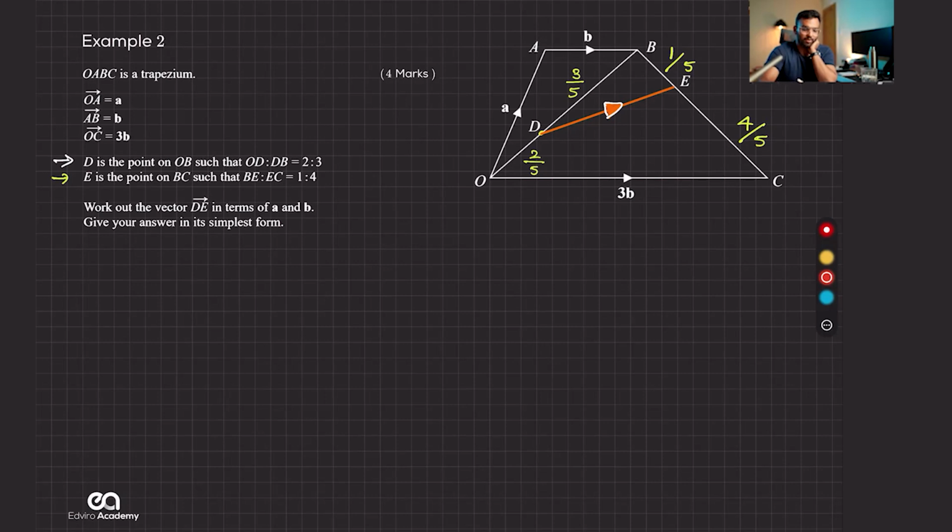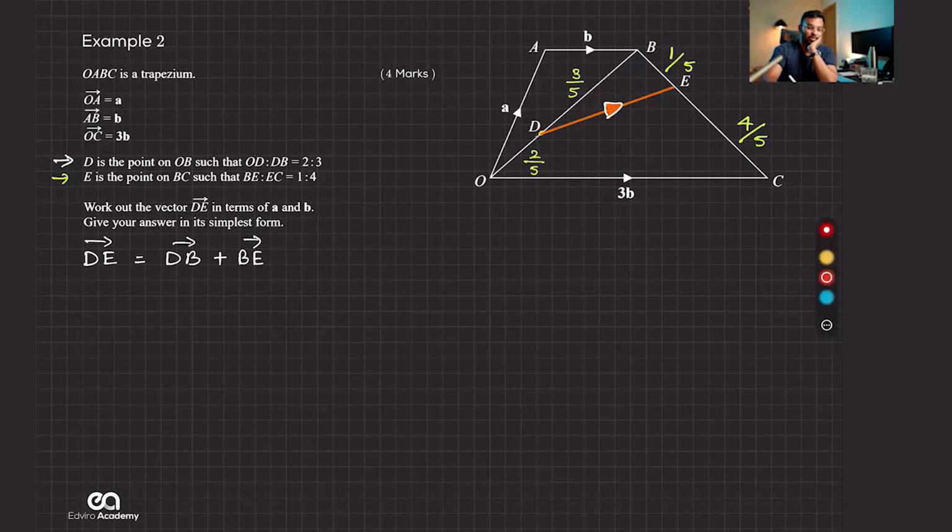I think we could go D to B and then find B to E. So I'm writing that down here. DE is equal to DB plus BE.